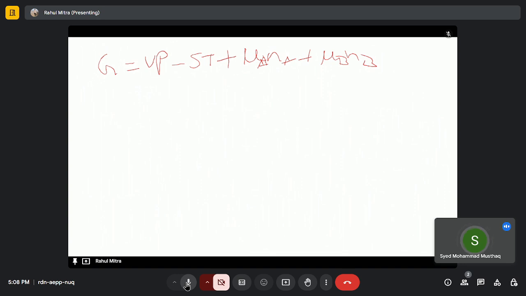Now if we're talking about the constant volume system, so I write it like dP equals 0 and dS equals 0.